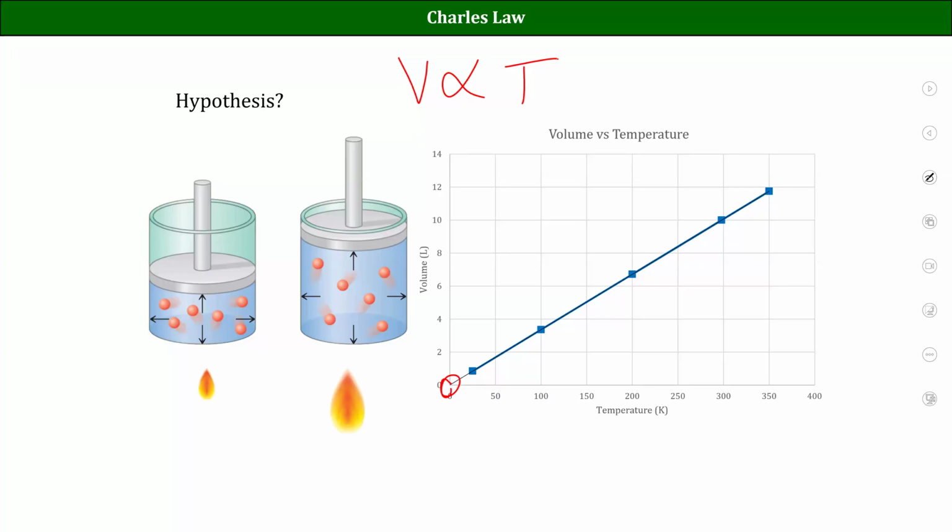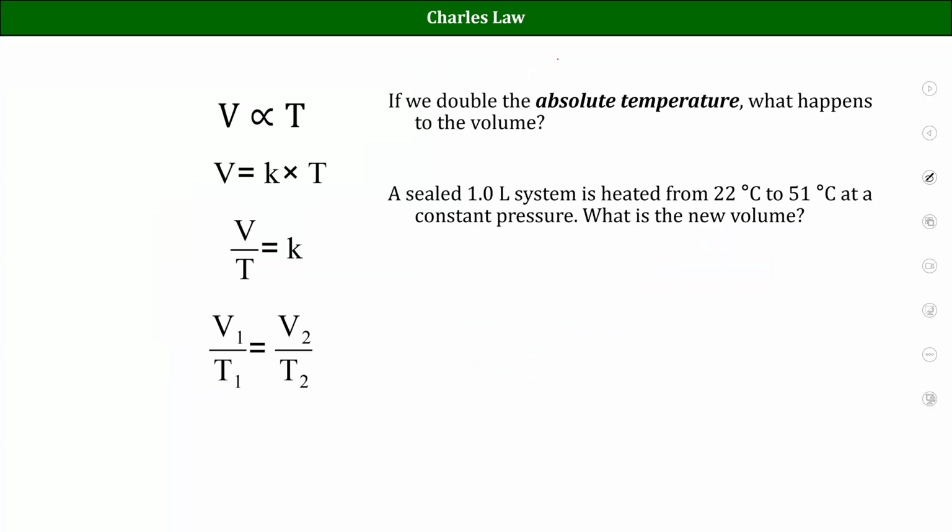Right? Because proportional, this symbol here, means it's a straight line and it goes through 0. Charles' law starts from this, which is another way of stating volume is equal to a constant times temperature.